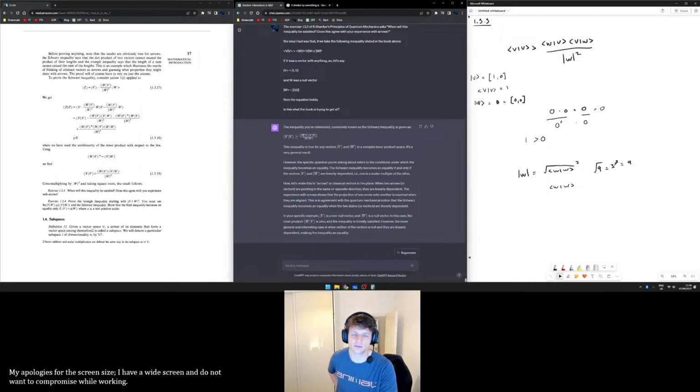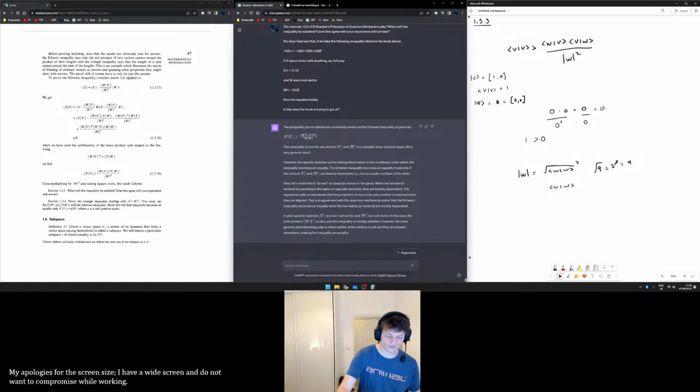In your specific example, v is a non-null vector and w is a null vector. In this case, the inner product is 0 and the inequality is trivially satisfied. However, the more general and interesting case is when neither of the vectors is null and they are linearly dependent, making the inequality an equality.